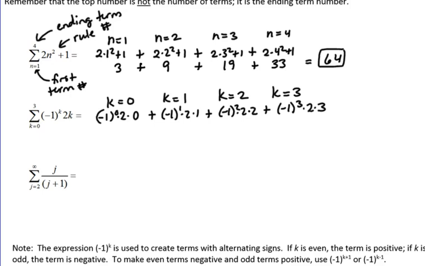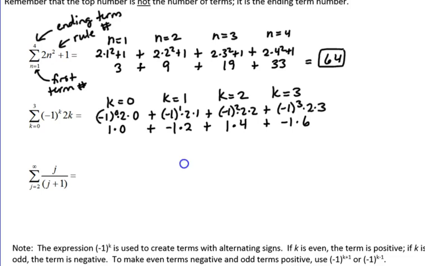Now I want you to notice what happens with this negative 1 to the k. Even though I know this whole thing is going to equal 0, I just want to write this out. Negative 1 to the 0 is positive 1, so I have positive 1 times 0, plus negative 1 to the first is negative 1, so I have negative 1 times 2, plus negative 1 squared is positive 1, so I have positive 1 times 4, plus negative 1 cubed is negative 1, and then times 6. So notice what happens.